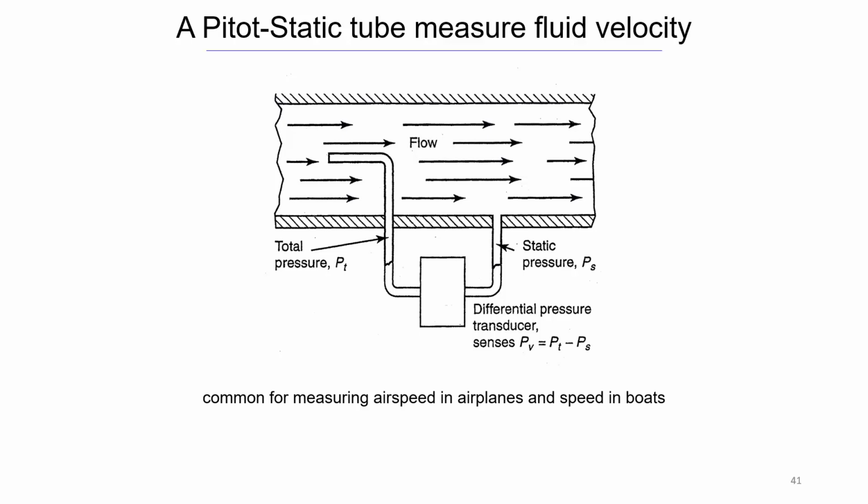Here we have a pitot static tube to measure the fluid velocity. So what we have here, we have the flow. We have one tube and a second tube. First let me say this a different way. The static pressure that's present in here is going to be everywhere in here, right? It's like I said, like the inside surface of a balloon. It's going to be pressing on all surfaces.